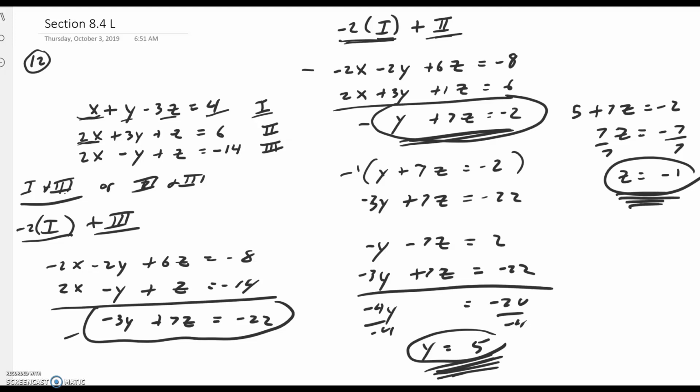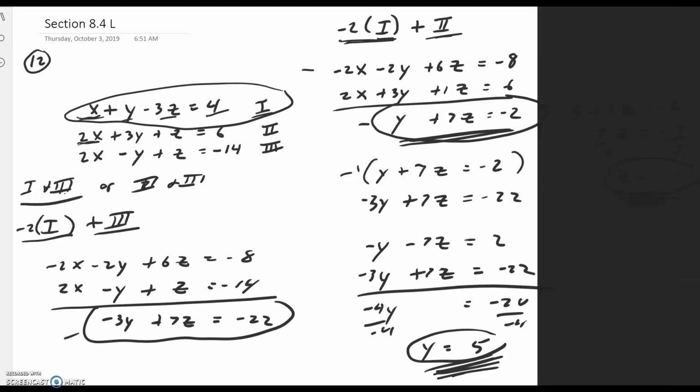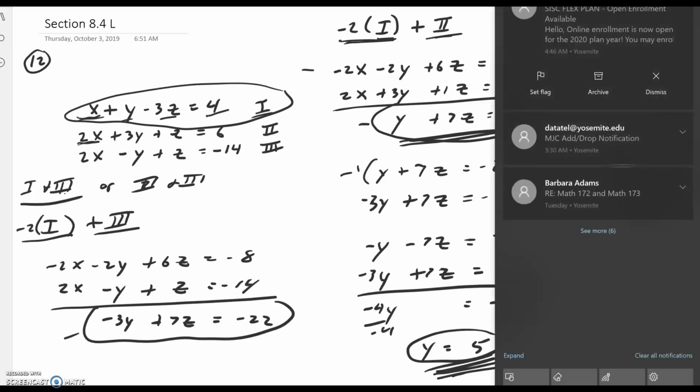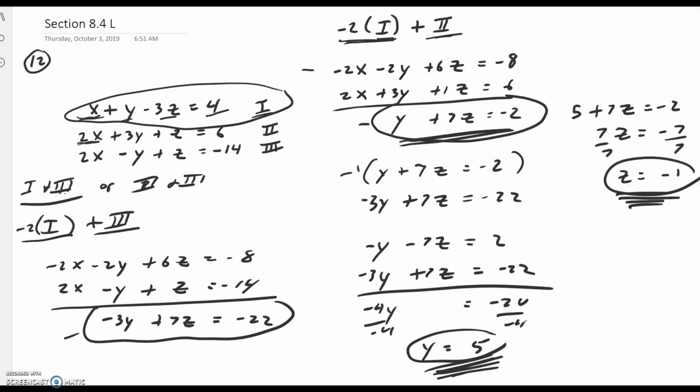I need to know what x is, and I can go back to any one of the three equations. I'm going to choose equation number 1, but I could have chosen any of them, and I have here that x plus y, which is 5, minus 3z, which is plus 3, because z is -1, equals 4.